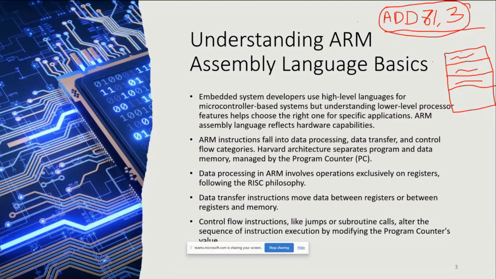Suppose this has an address 000. This has an address 001. Then the third one will have an address 010. Similarly, each location has an address, similar to a house having certain rooms and each room has a number. So this has an address.